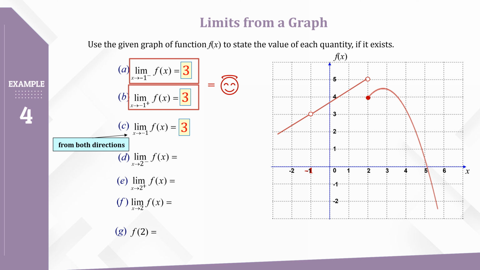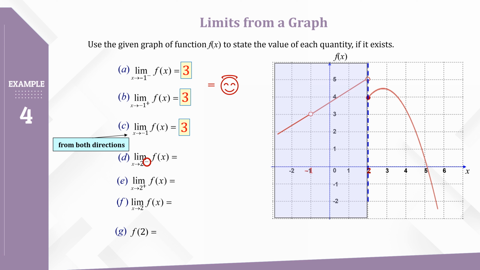For the rest of the questions, we can see them as x approaches 2. Let's draw another vertical line at x equals 2. As we already know the meaning of the minus symbol notation, let's look at the left side of x equals 2. In the left region, we can see the left function.